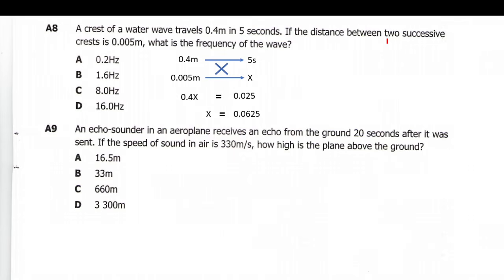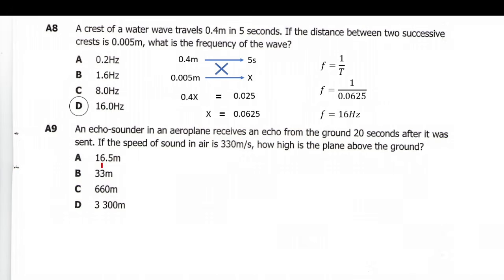A complete wave is the distance between two successive crests. Then I said, okay, frequency is found by 1 over time, which is the period, so I substituted 1 over this one as the period. Then I found the answer to be 16 Hz, which is D.